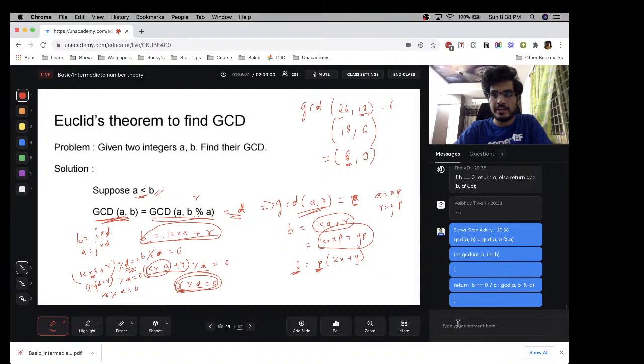We can recursively find the GCD of A comma B using that way.